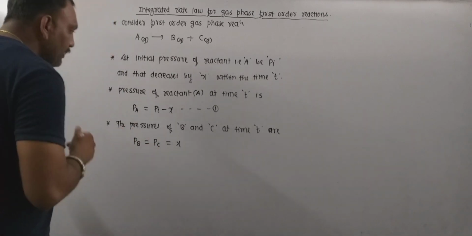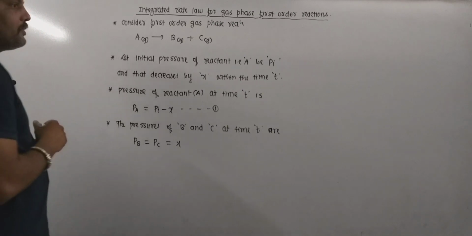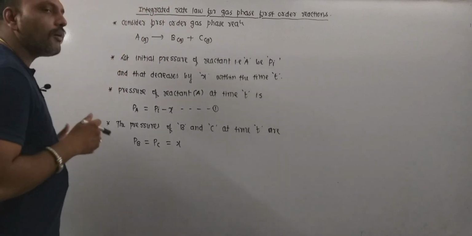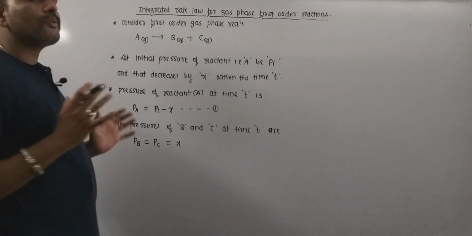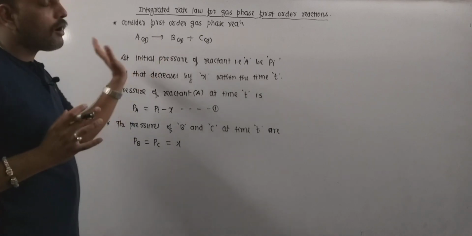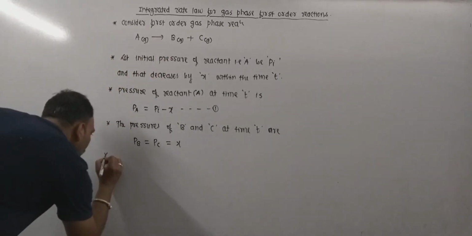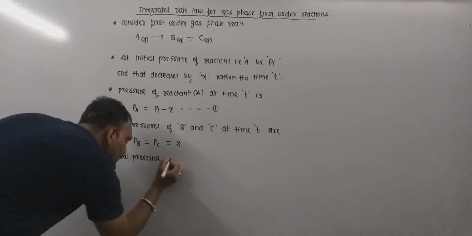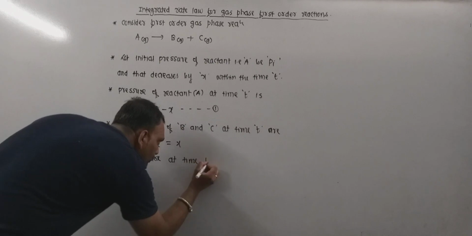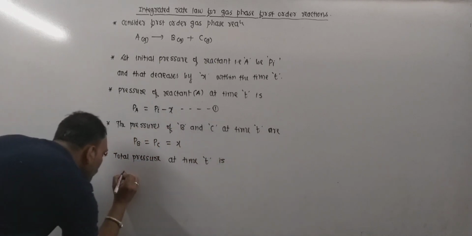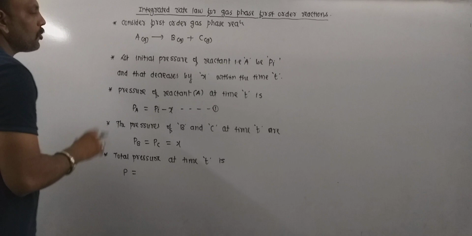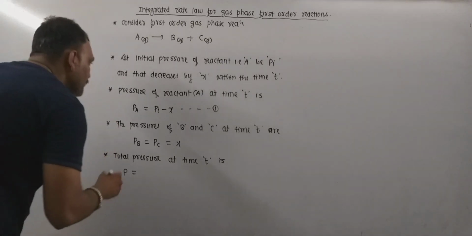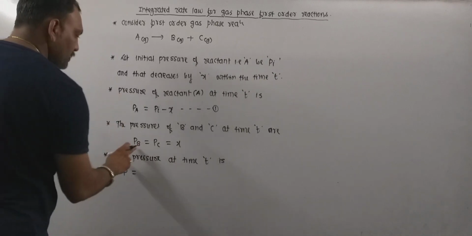Now we need to take care of the total pressure. Remember, in the assembly A, B and C, all ingredients are present. So we need to take care of the contributions of all these ingredients. So the total pressure at time T is P. Total pressure will be the pressure contribution of all ingredients, that is this plus this plus this.